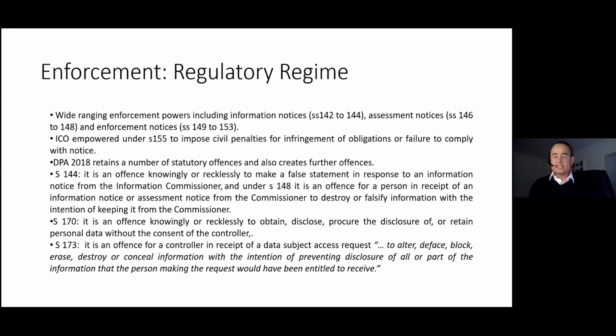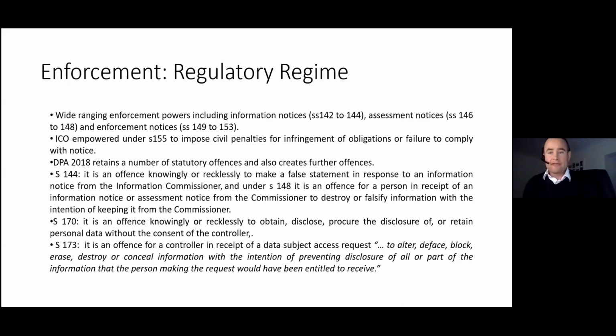And Section 173, which to me just looks particularly draconian, because given the redaction exercises which data controllers have to undertake to edit out any third-party data, to potentially hold a party liable for any sort of inadvertence there does seem draconian indeed.